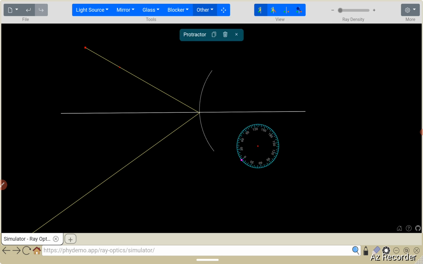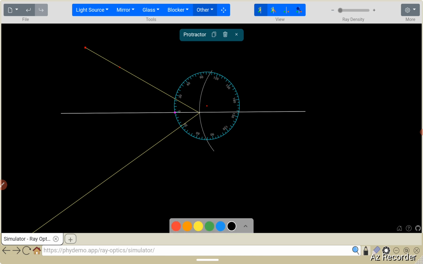I'm just taking the protractor. Let me shift this here. If you have 0, 180 must be there, correct? Now see here the angles. Here also you have the same angle. Did you understand?